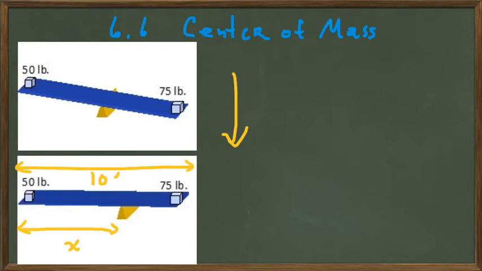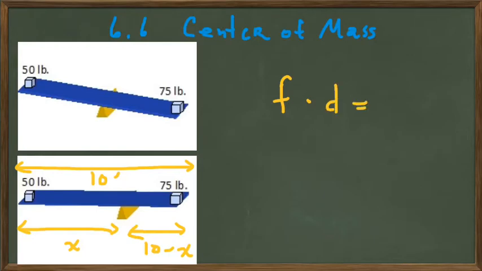So that would mean that the distance from the fulcrum to the other end of the seesaw would be 10 minus x feet. And we call these products the force times the distance from the fulcrum.